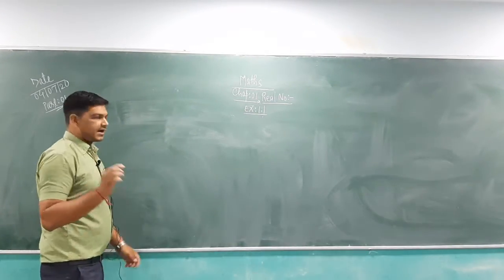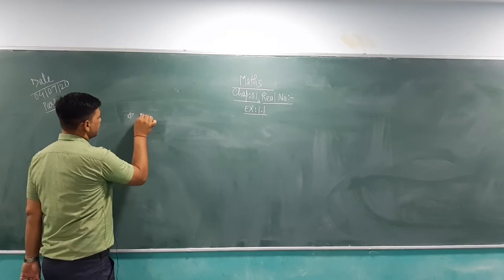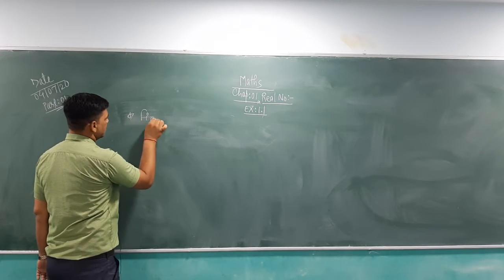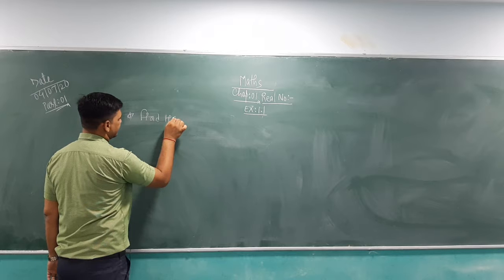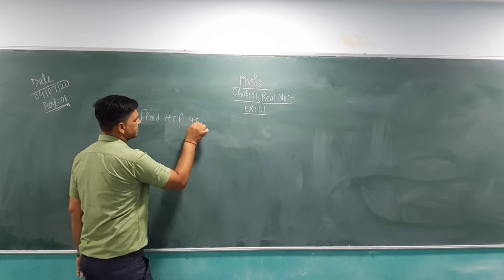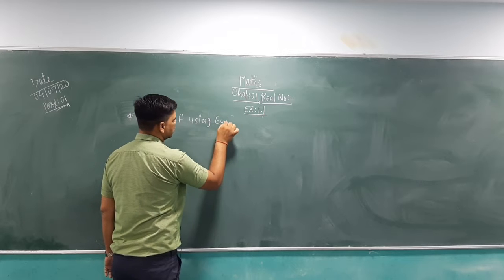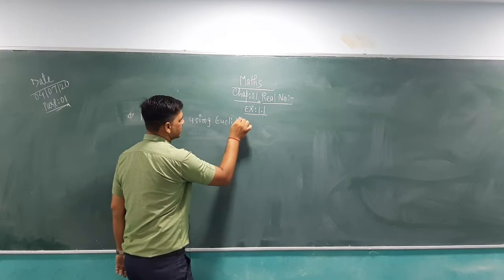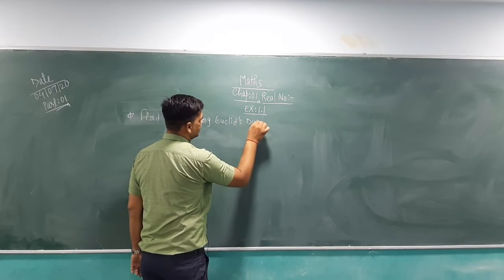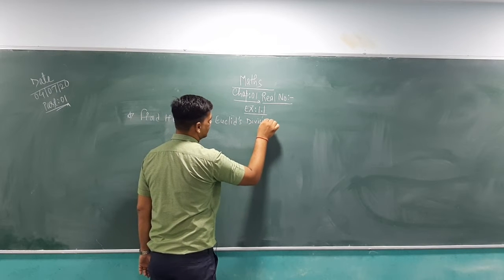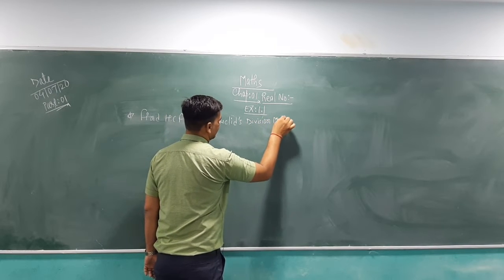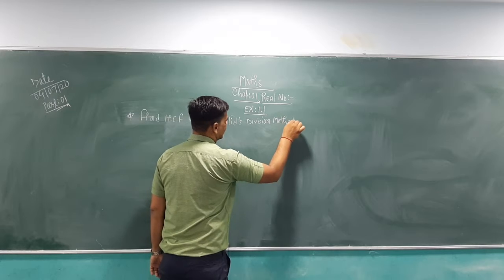So the first question: find the HCF using Euclid's division method. How can we find it?